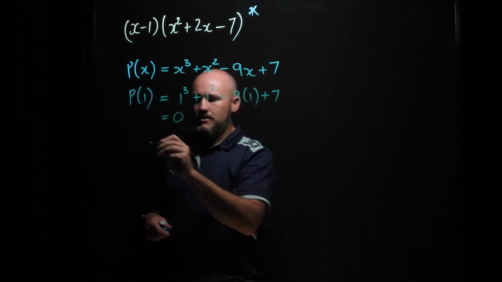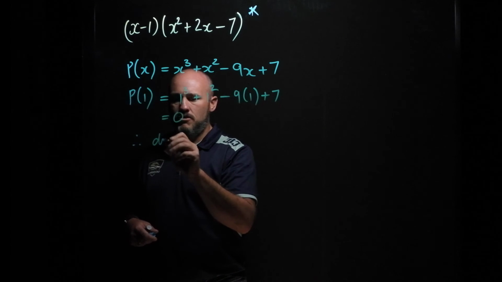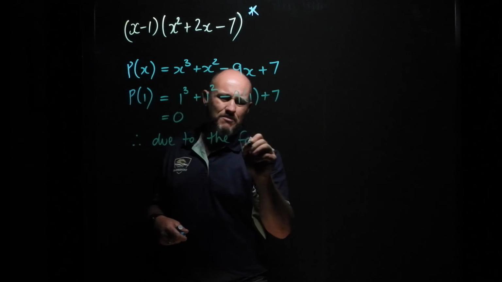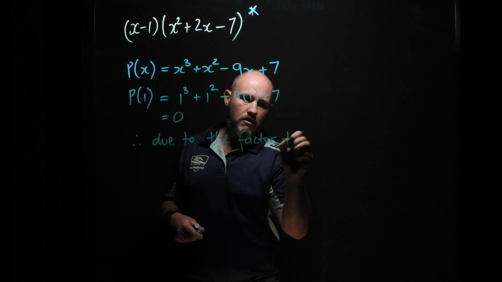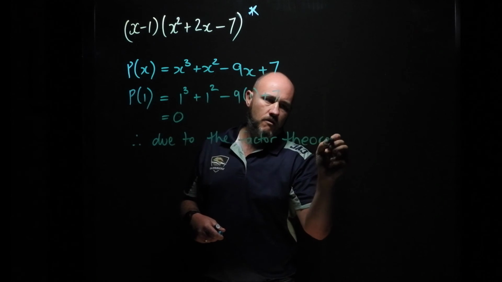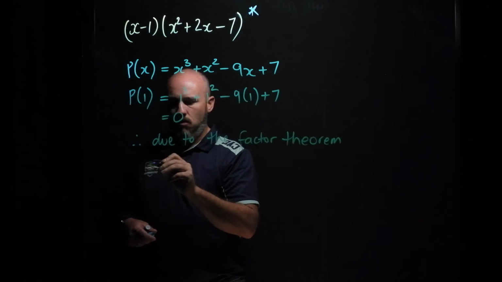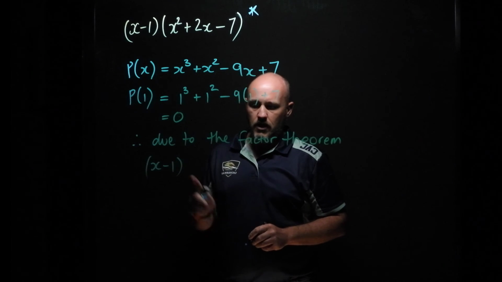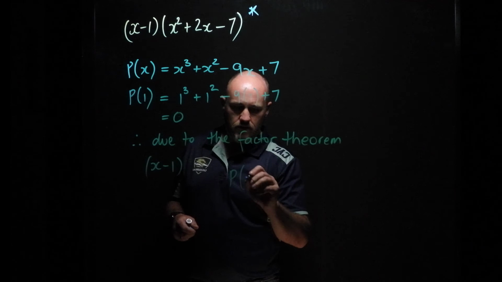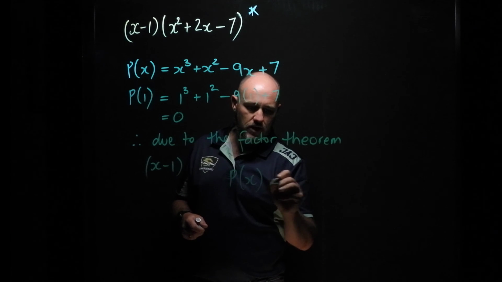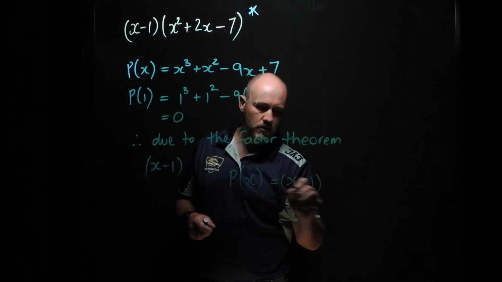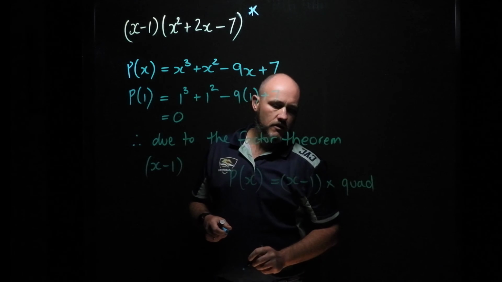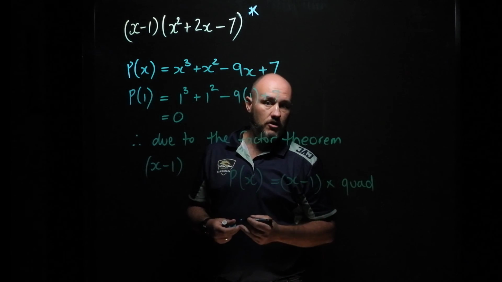And then according to the factor theorem, you probably wouldn't write this, but I'll write it to be clear, due to the factor theorem, x minus 1 is now a factor. And that means that P of x can be written as x minus 1 times some quadratic.